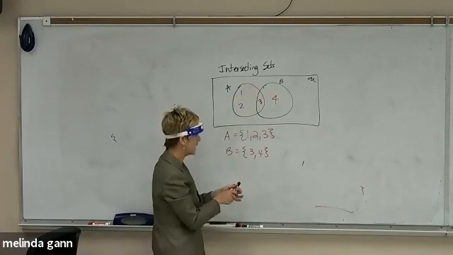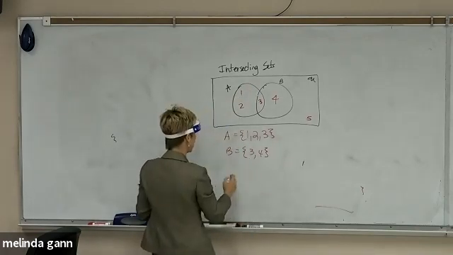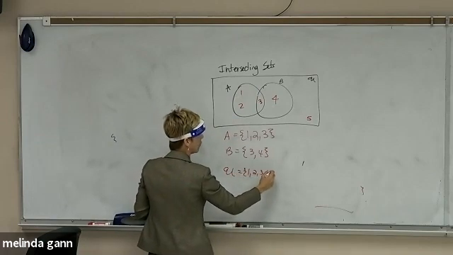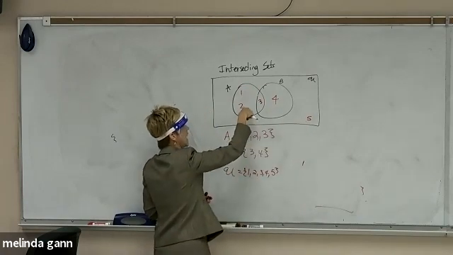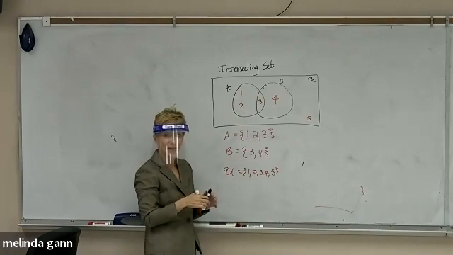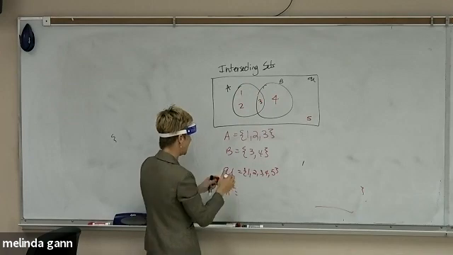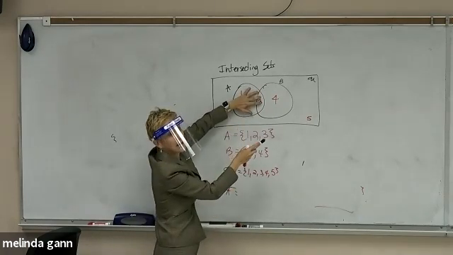Now, what would it mean if there was a 5 out here? That would mean that my universal set must have been 1, 2, 3, 4, what? 5. In other words, 5 is in the universal set, but it's not in A or in B or in both. So if I did that, what would the complement of A have in it? It'd be like I covered up A, it'd be not just 4, but 4 and what? 5.